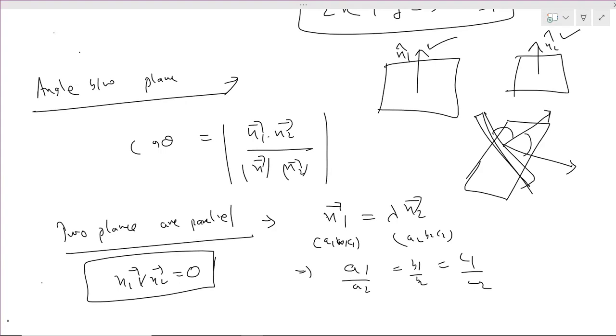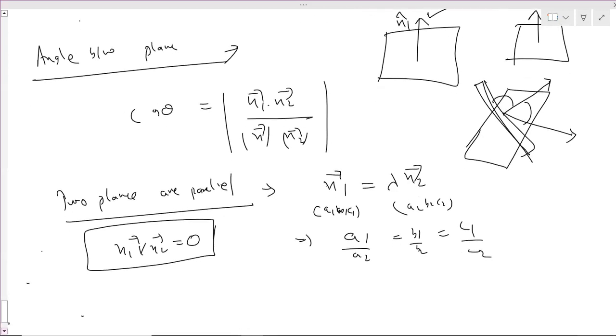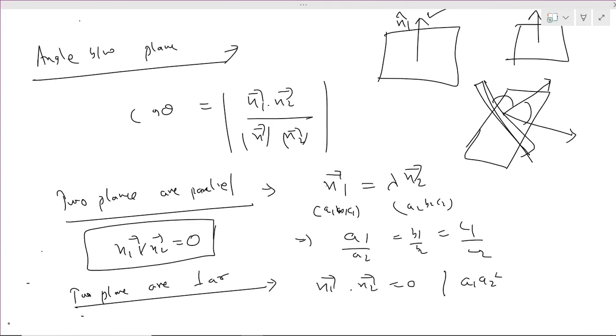Again, let me repeat this. Plane is all about the normal vector, finding the normal vector. Everything revolves around that. All right, if two planes are perpendicular, then n1 dot n2 will be 0, or we can say a1 a2 plus b1 b2 plus c1 c2 will be 0.